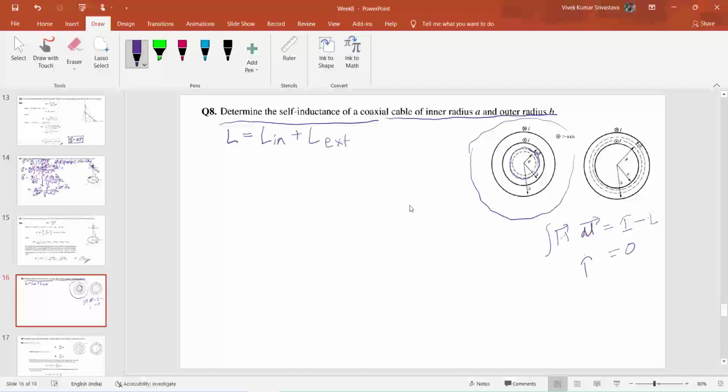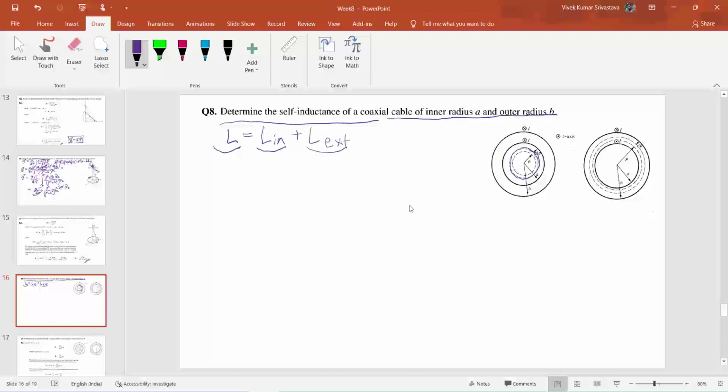So the total field outside this coaxial cable will cancel out, so no inductance will contribute due to this outside field. Okay, so we have to determine this internal inductance and external inductance for determining the total inductance of this coaxial cable.